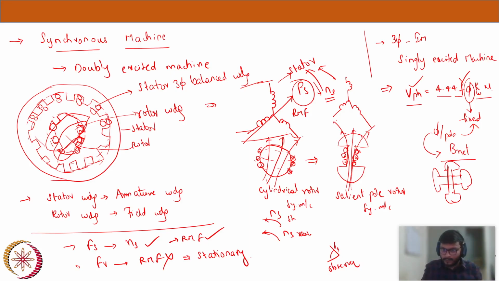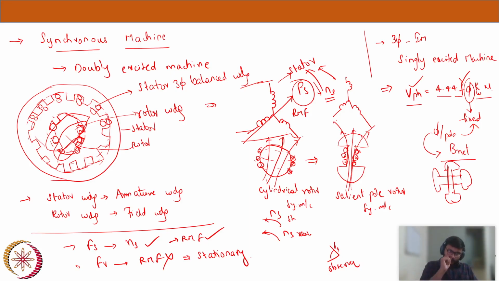If both fields have the same speed, a stationary observer would say, okay, I can see two fields, stator field and rotor field, moving at the same speed. Then only the angle between these two will be constant, so then only they can produce the steady state torque. That's what a stationary observer would say.